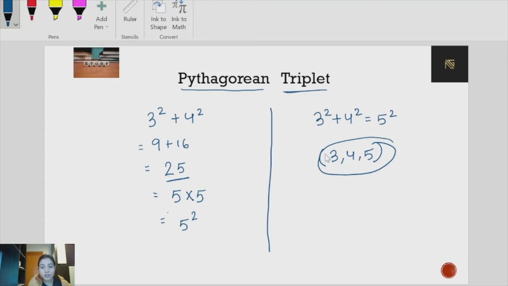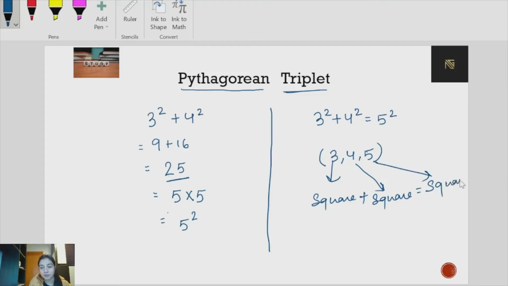It is following a certain property where the square of the first number plus the square of second number is giving us the square of third number. If any triplet is following such property, then that triplet is called Pythagorean triplet. Clear? Let's take another example.